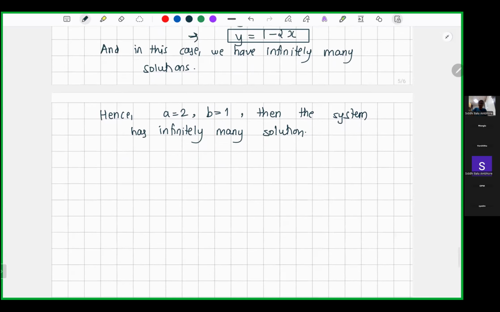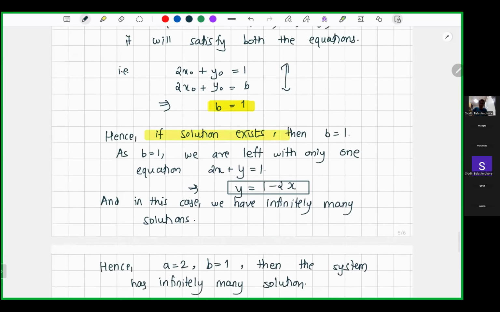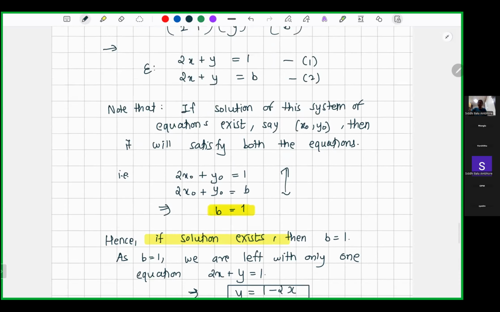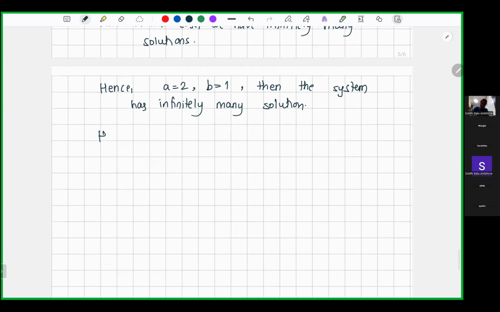So if a solution exists, then B has to be equal to 1, and hence if A is equal to 2 and B is not equal to 1, then the system does not have any solution.